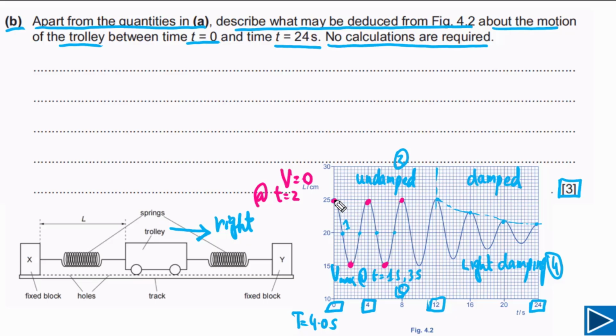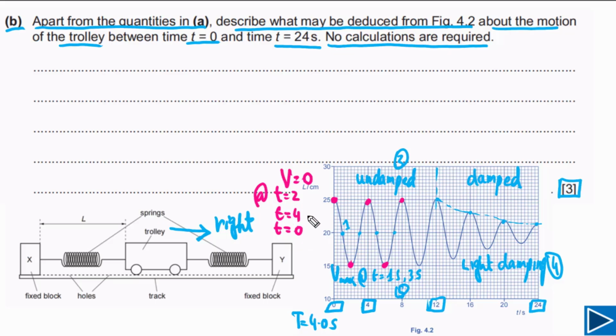Initially it started from rest, so you can also mention that point. We can also say the trolley is stationary when t is equal to 4 seconds, at this point. You can even say the trolley was stationary at t is equal to 0, and so on.